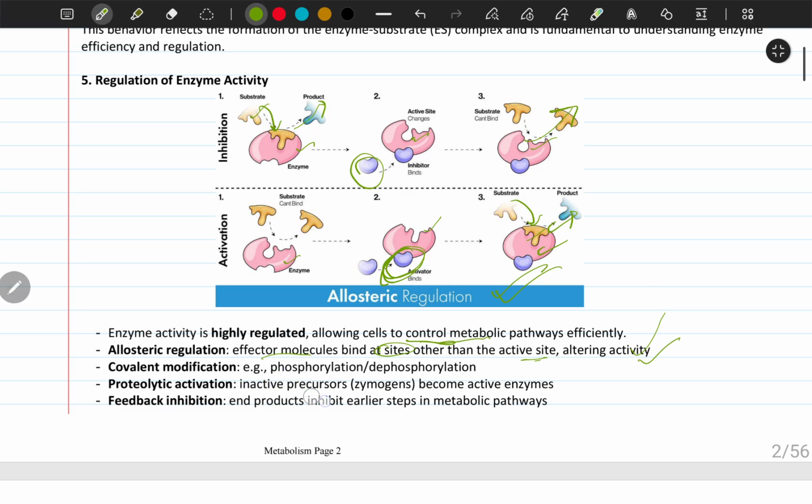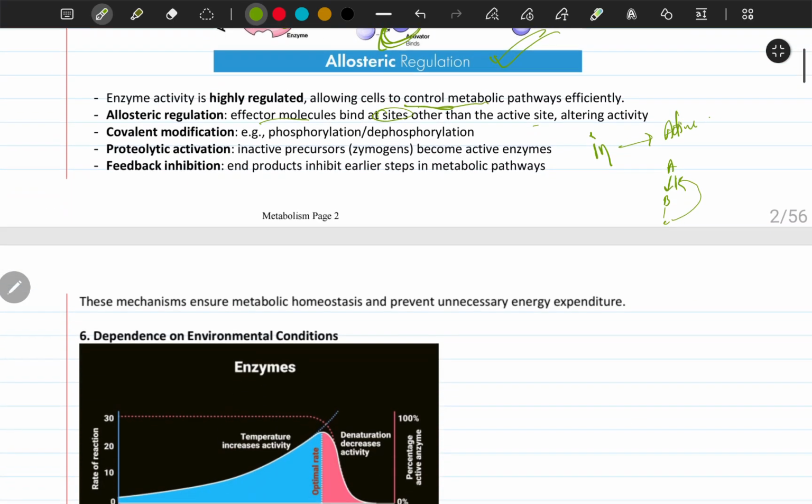In proteolytic activation, inactive precursors, zymogens, become active. Inactive becomes active. In feedback inhibition, end products inhibit earlier steps in the metabolic pathway.